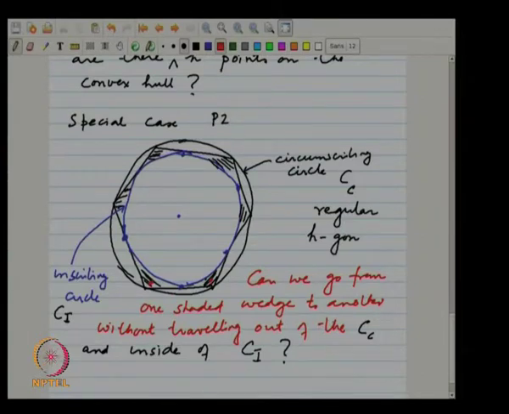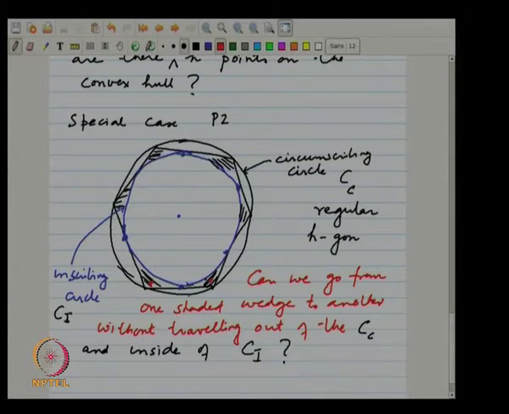Can we go from one shaded wedge to another without traveling out of, not just outside of C C. I should also bring into the picture, no, not the boundary points. Let me make it even simpler.